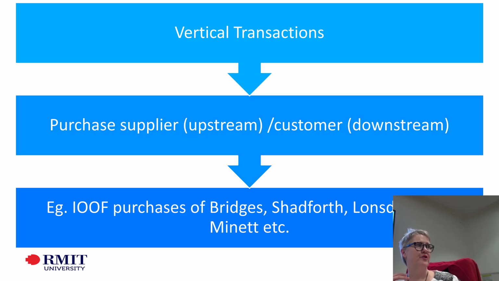That would be downstream. So you're technically a customer. You're probably not the end user, but you're technically a customer. But upstream would be you purchasing me, so to speak. Examples here, IOOF purchasing a range of different financial services firms.